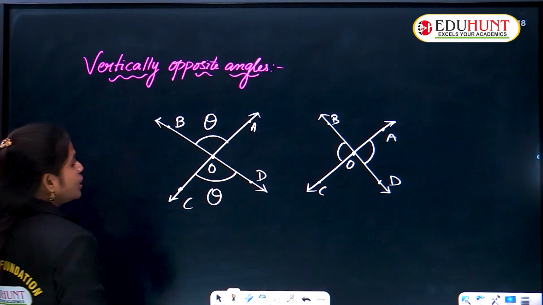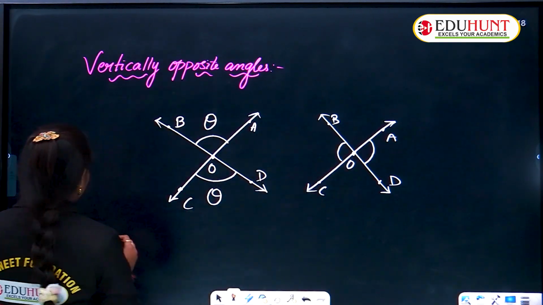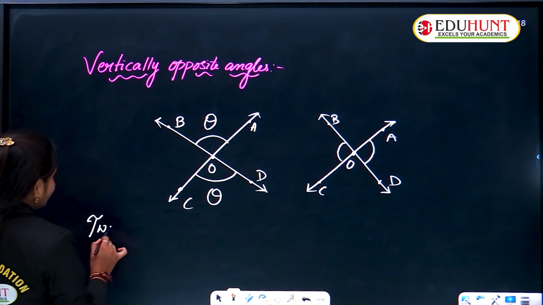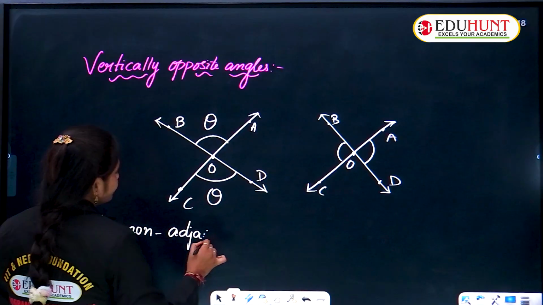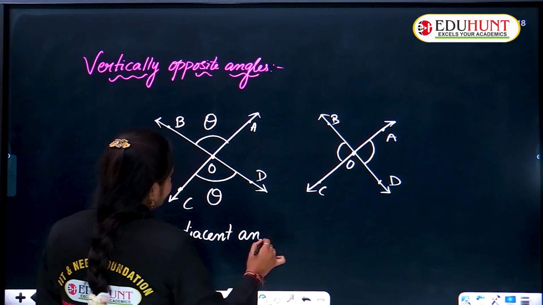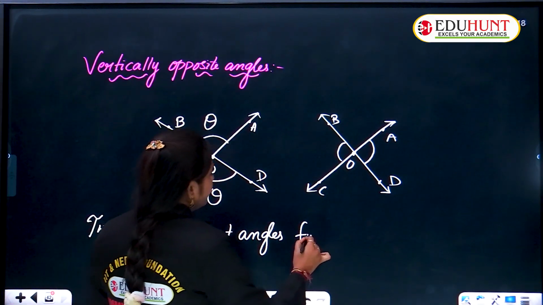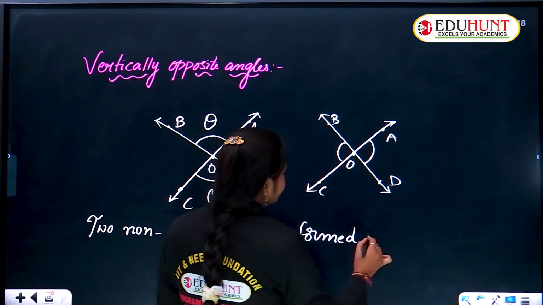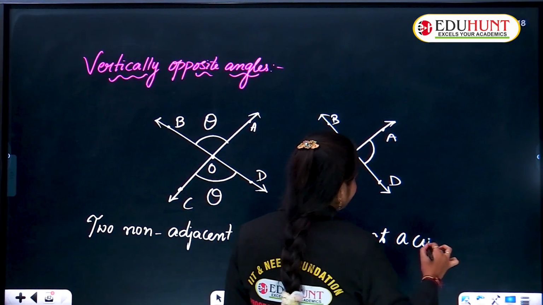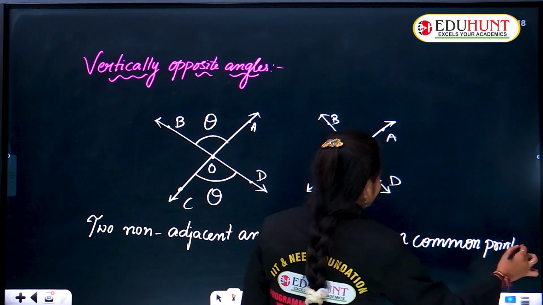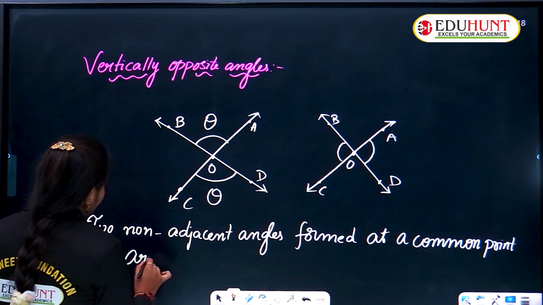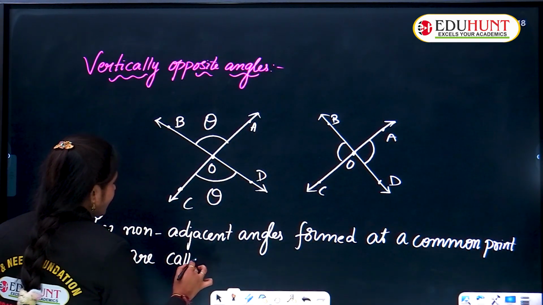Okay, what is the definition here? Two non-adjacent angles formed at a common point are called vertically opposite angles.